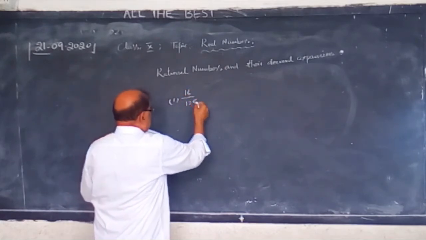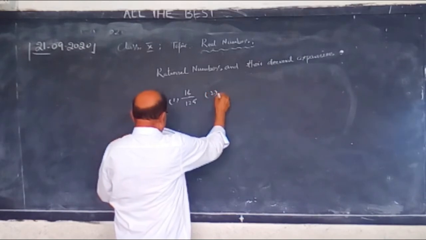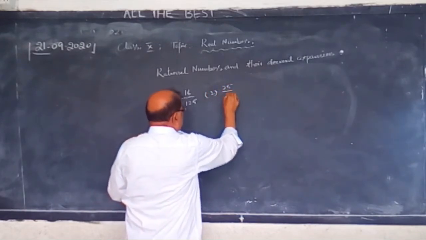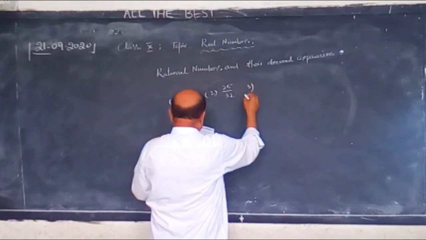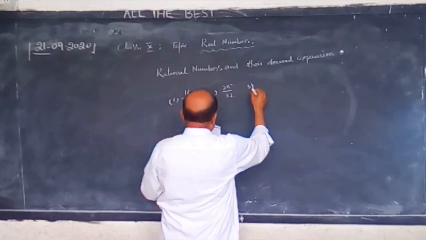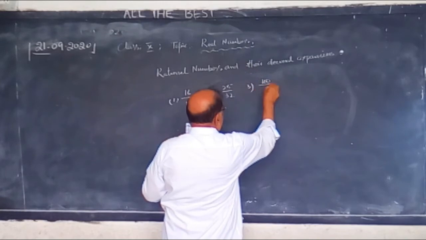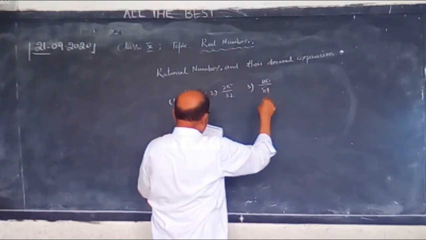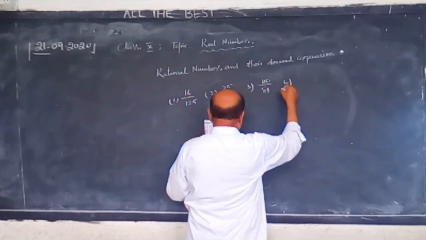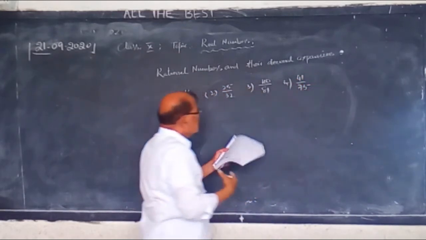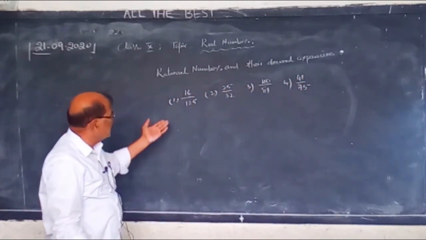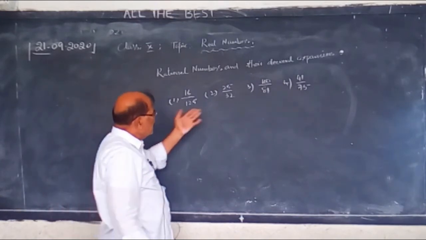Second problem is 25 by 32. Third problem is 100 by 81. Fourth problem, 41 by 75. Just look at this.